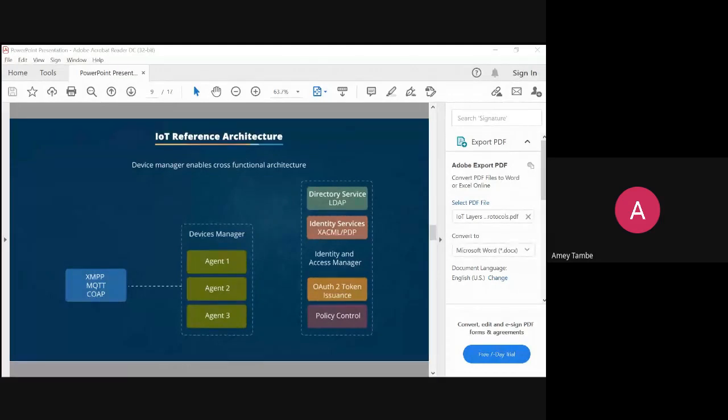So the first two, policy control and the two-factor authentication, work on the hardware level, on the device level. Once the device is authenticated and comes onto the network online, then further authentication happens. If the developer wishes, we can use LDAP, directory services, or identity services called XACML or PDP, where we can have an extra layer of authentication.